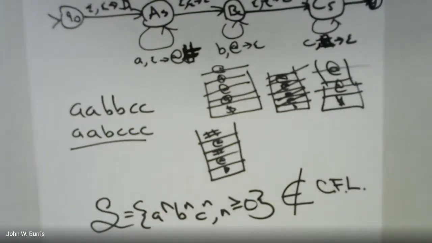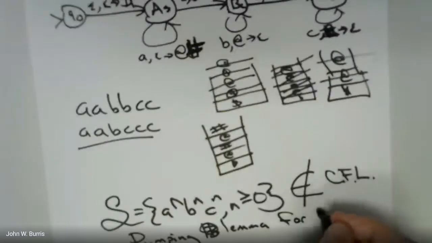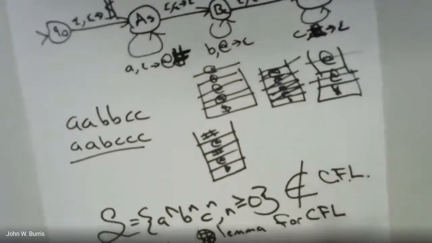Well, we didn't prove it yet because we just haven't. We need a thing. In fact, we're going to need something called the pumping lemma for context-free languages. That's what we're going to have to do next to prove this.